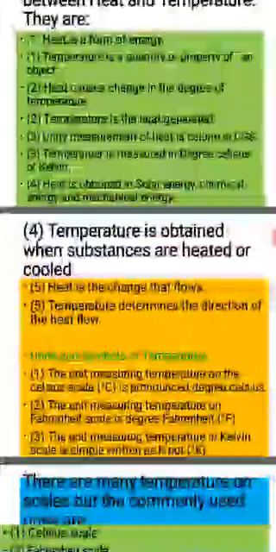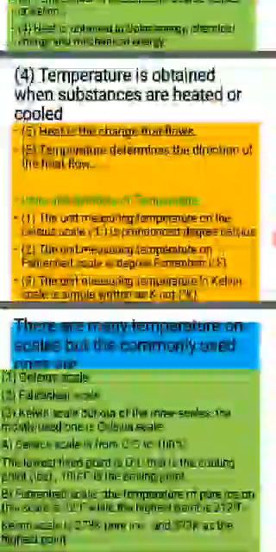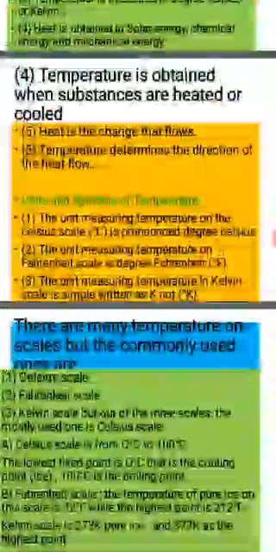The quantity or property of an object. Okay. Then the unit measurement of temperature is what? 0 degrees centigrade as the lowest, the icing point, and 100 degrees centigrade as the boiling point. That's very fine.